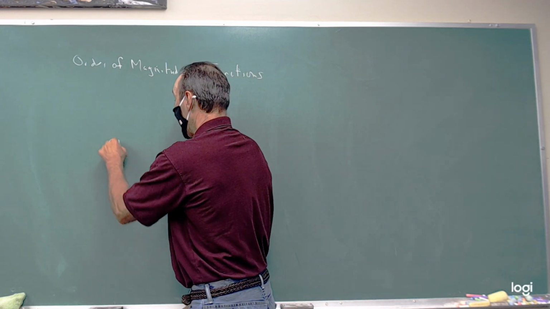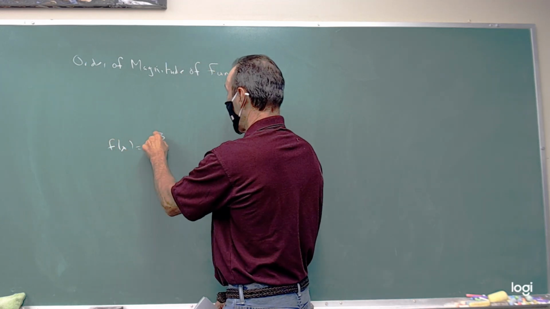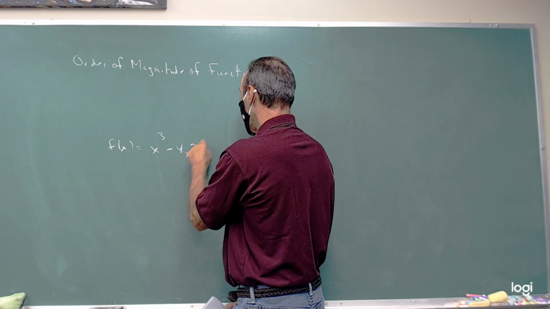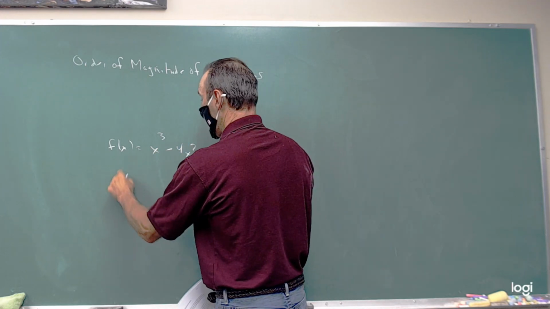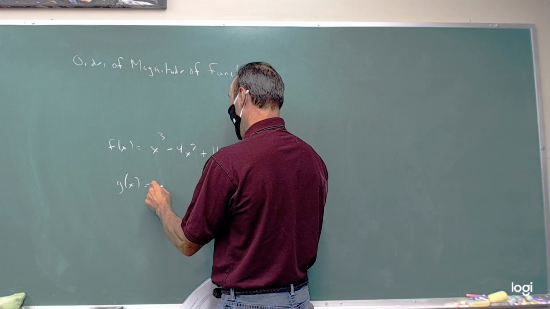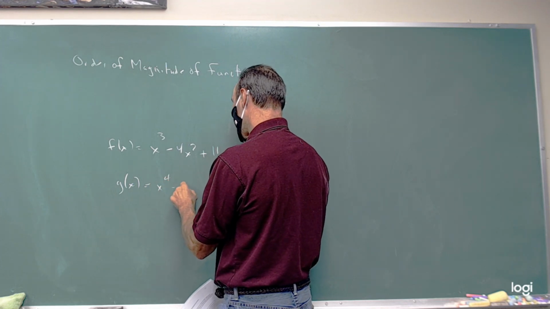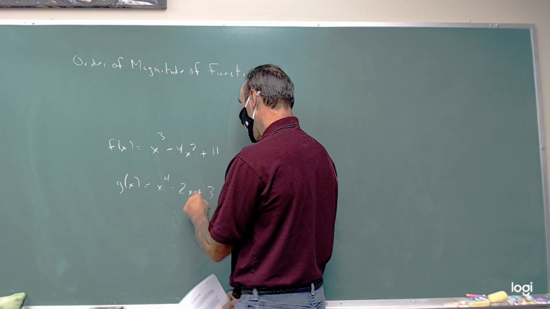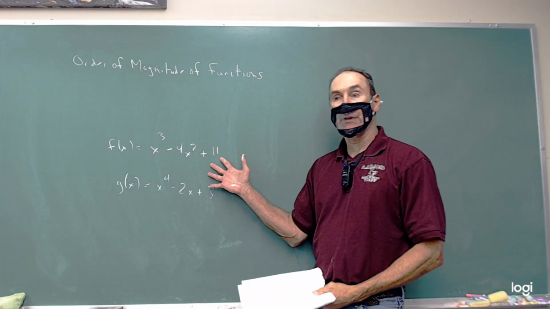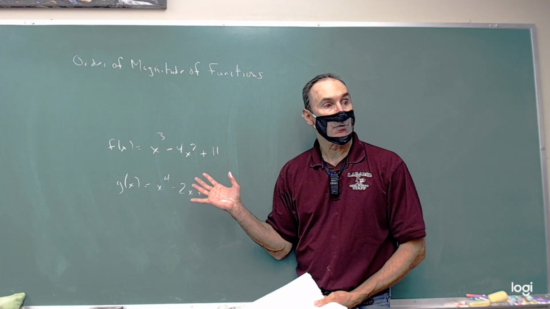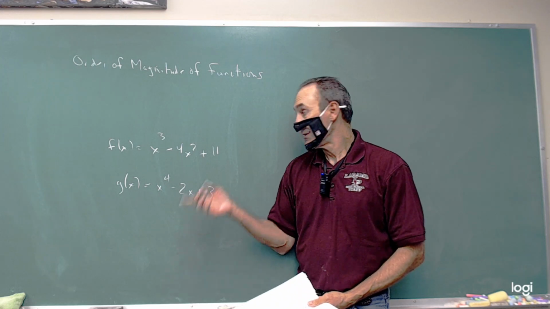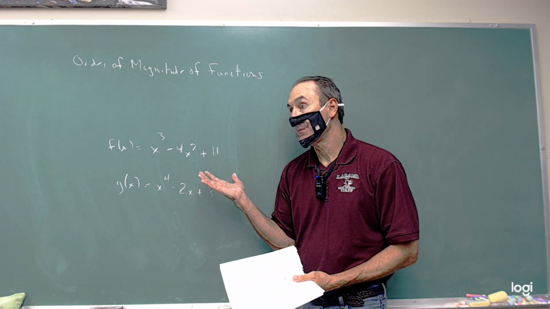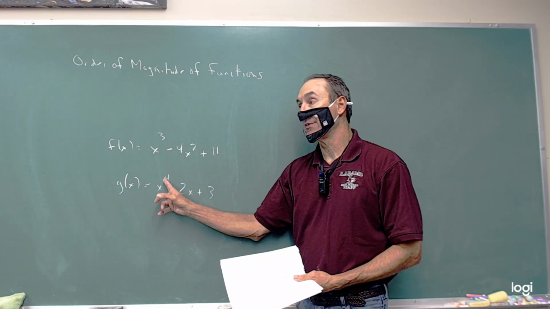So if we have f of x equals, say, x to the third minus 4x squared plus 11, and g of x is going to be x to the fourth minus 2x plus 3. At a glance, we can tell which of these is the higher order magnitude function just by looking at the highest power. Okay? So 4 is bigger than 3, that's it.